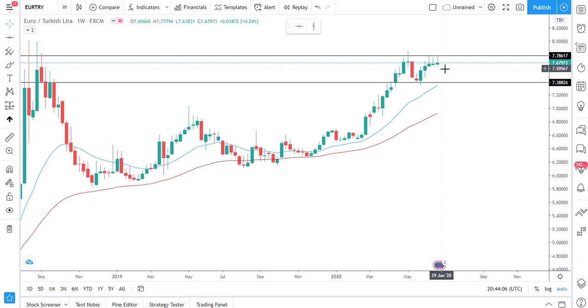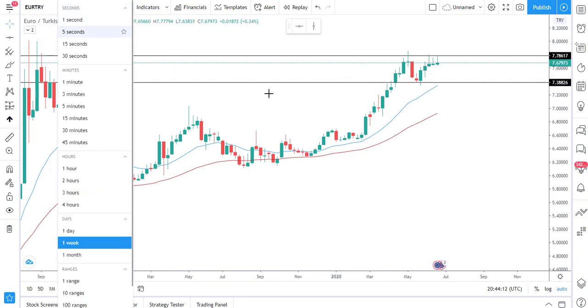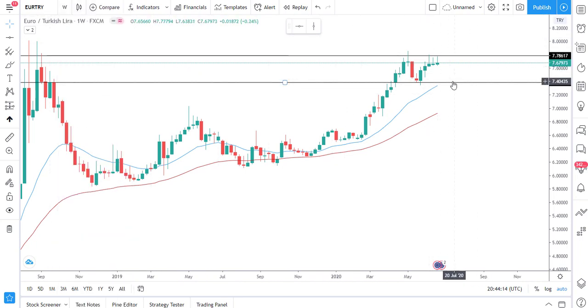So although on the daily it's as if I am taking a huge risk trading into support, on the weekly we can see that this is currently the weekly moving average, and I am selling into the support here, or my target right now is around the support, and on the weekly we are not even trading into any support.